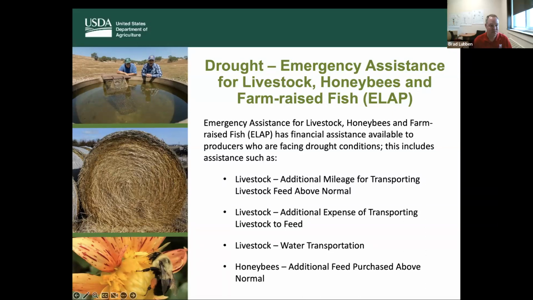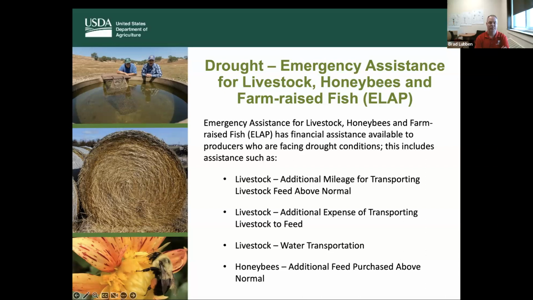One for livestock would be additional mileage for transporting livestock feed above normal. So if producers are having to go additional miles beyond what they normally would to get access to feed, we're looking at a way to compensate that. Additionally, if we're having additional expenses for moving livestock to feed, so if we're having to go additional miles to get those animals to pasture, we could take a look at compensating those miles as well.